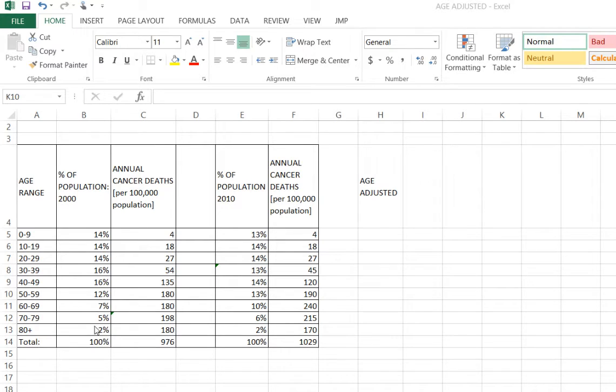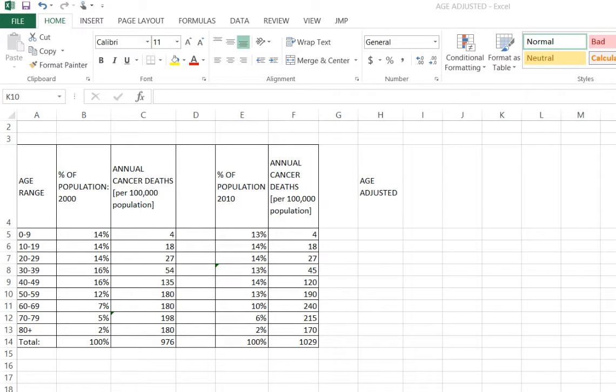And then here, this is the percentage of the population that was made up by that particular age group. So in the year 2000, the age group 70 to 79 was roughly 5% of the population, whereas in 2010, people were presumably living a little bit longer, and it was about 6% of the population.